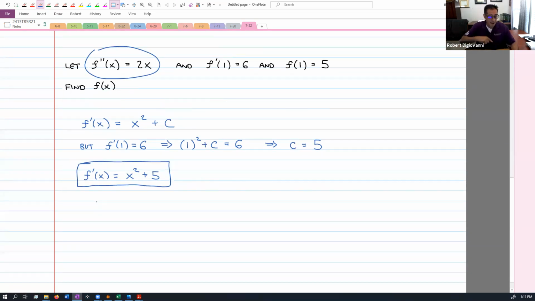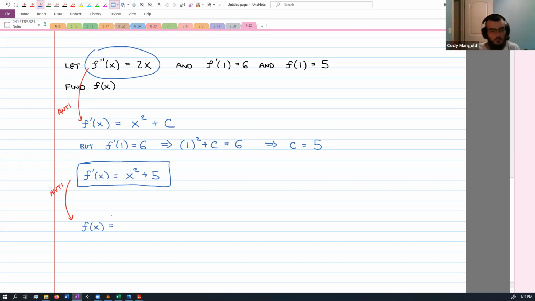Now we need to go back and do the antiderivative again. Maybe I should have labeled that. When we went from here to here, we did the antiderivative. Now we're doing it again. This should give us the original function. And that should be, all right, who's going to volunteer for this one?